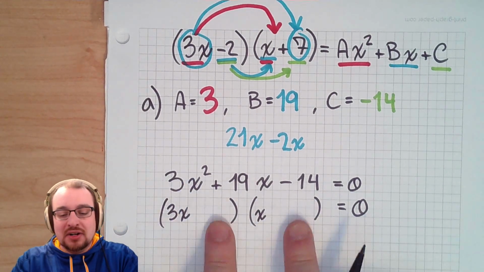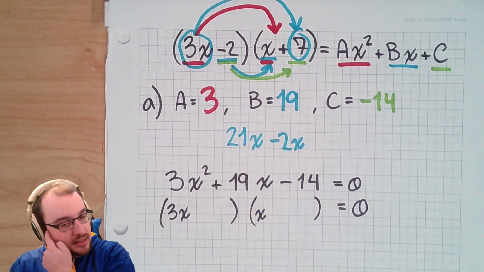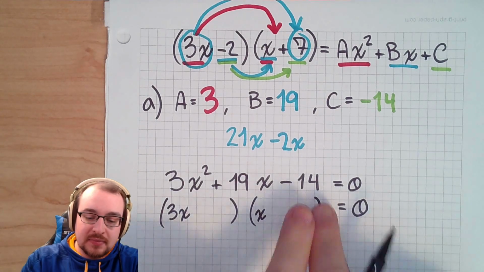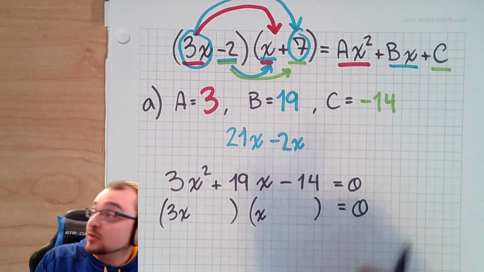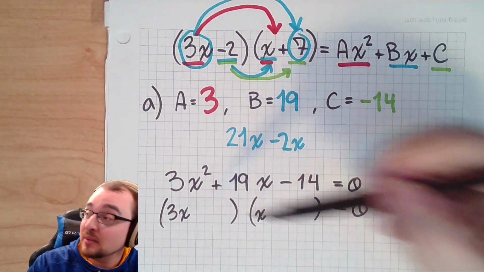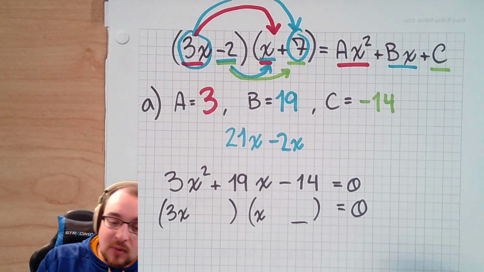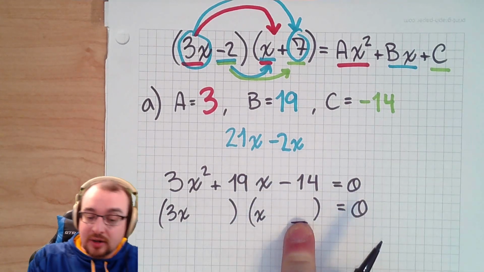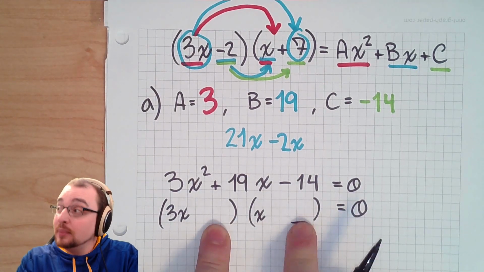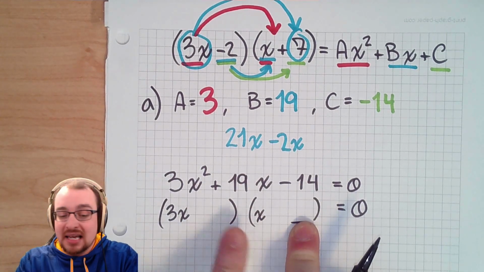And then to figure out what numbers here, we'd still need numbers that multiply to 14, so -2 and 7, perhaps. But we also need to remember where we put our numbers matters, because whatever we put here is going to get tripled. So if we were to put our 2 here and our 7 there, we'd get 2 tripled, 3 times 2 would get us that 6, and then we'd get 7.